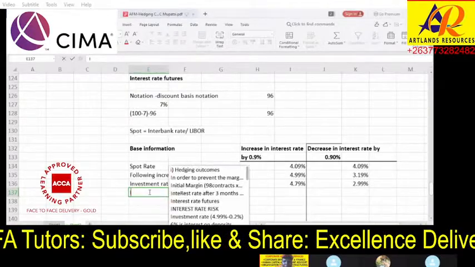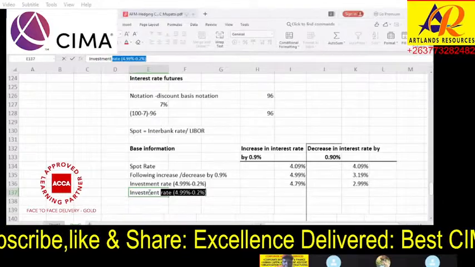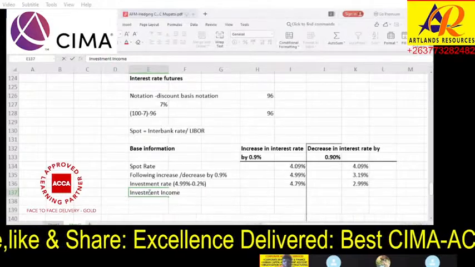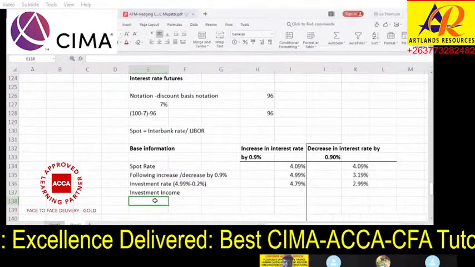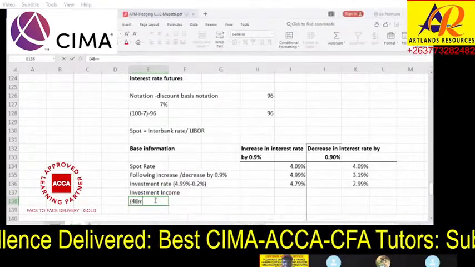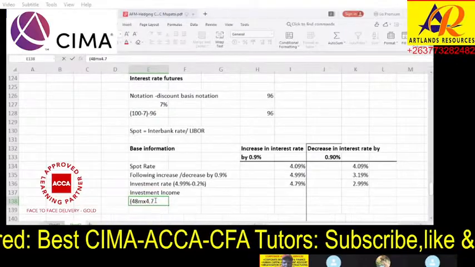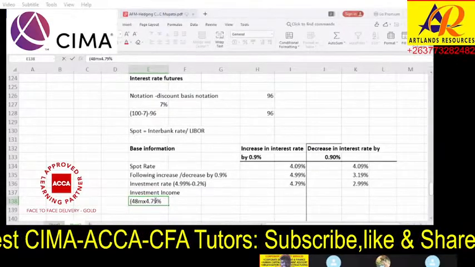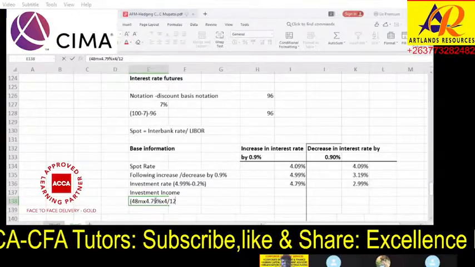Then, what else is there? It's investment income. The investment income becomes 48 million times 4.79%, because that's what it invests, times 4/12, because the loan is for 4 months.